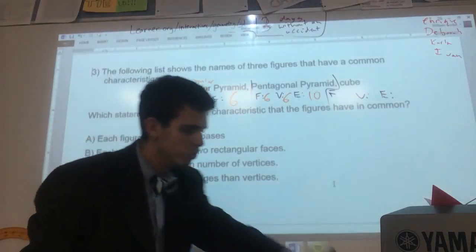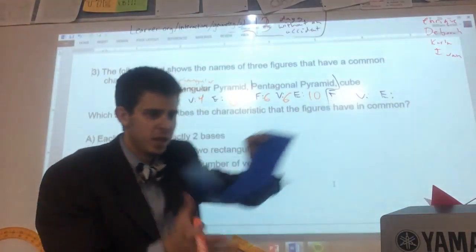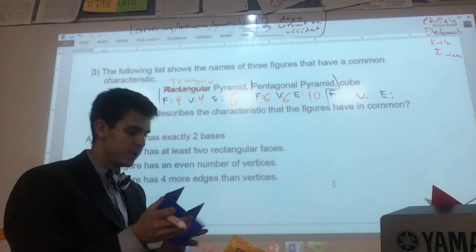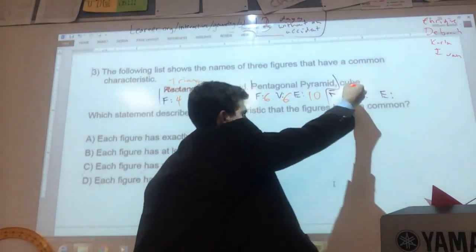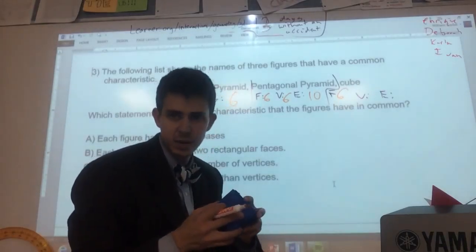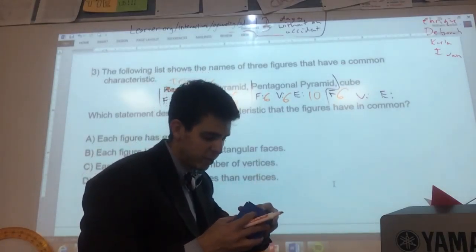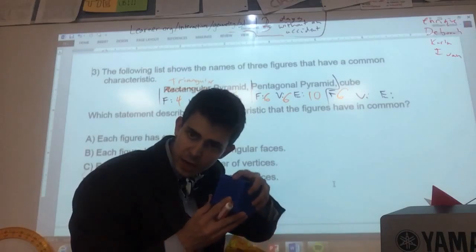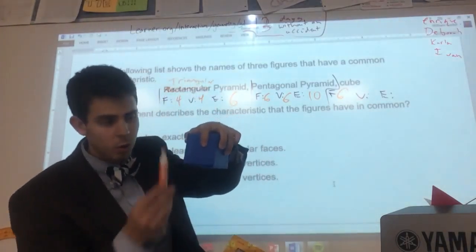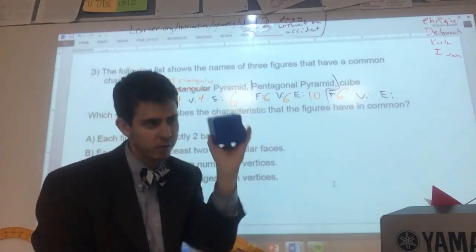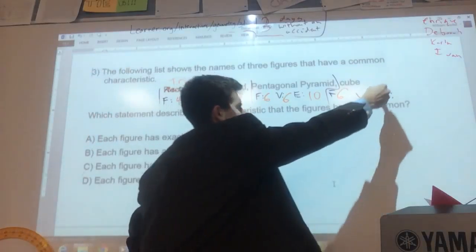And finally, the cube, which is this shape here. For the faces, well, this is just like any old standard die. There's 6 faces on any standard die. The vertices, well, there's 4 here. Let me turn it so you can see it better. 1, 2, 3, and 4. And then over here, 5, 6, 7, 8.